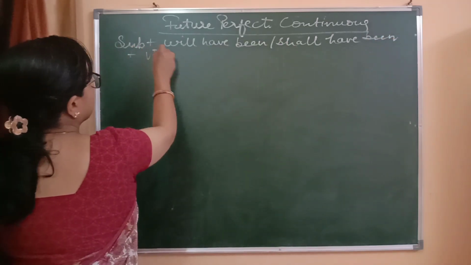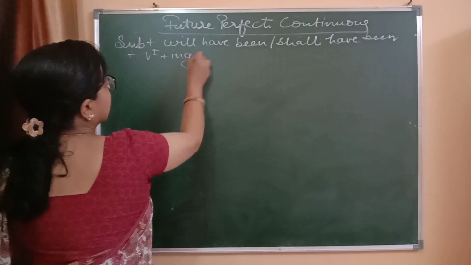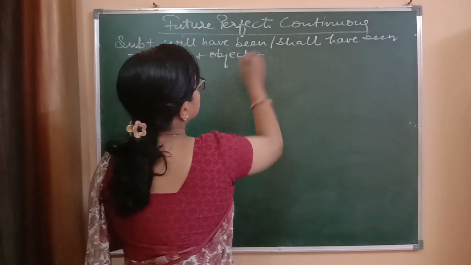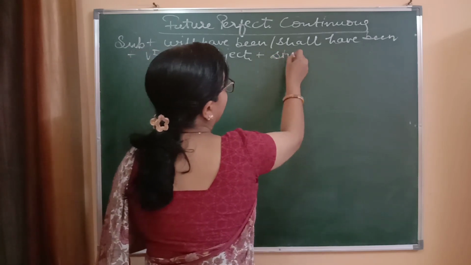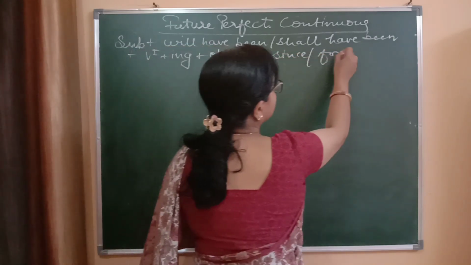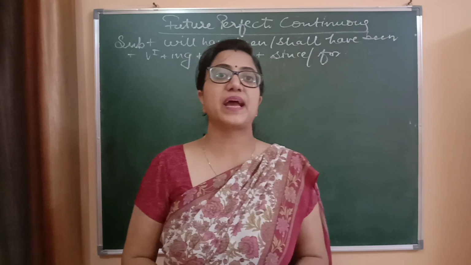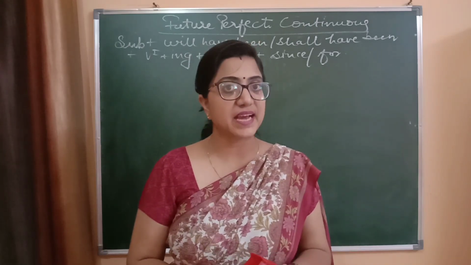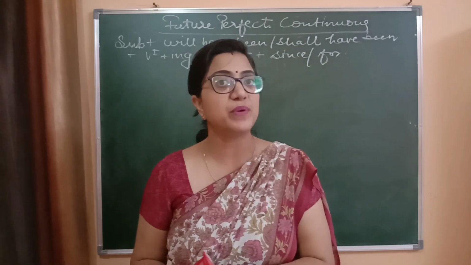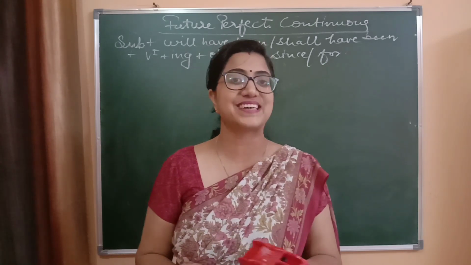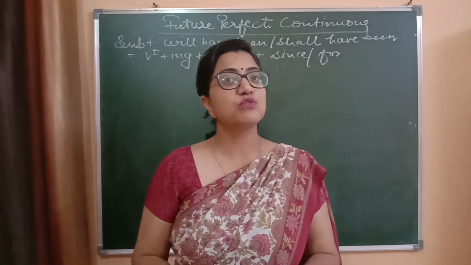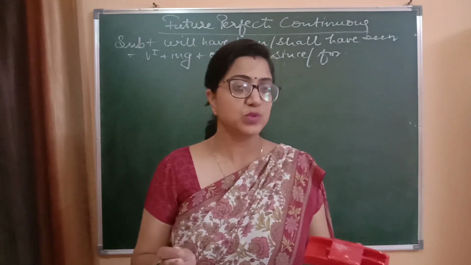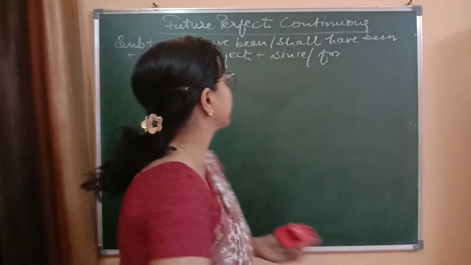Plus base form ing, at last object, continuing with since and for according to the period of time and point of time. Since is always used for fixed time and for is always used for duration of time. When we don't know the certain or fixed time, you use for. When we know the exact point of time, you can use since before the time.